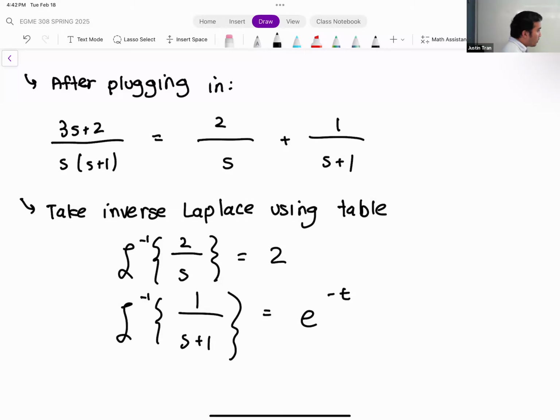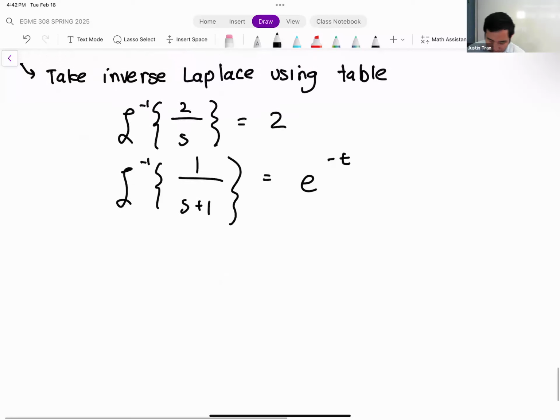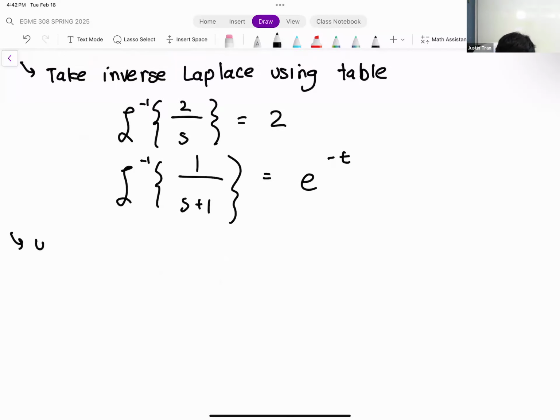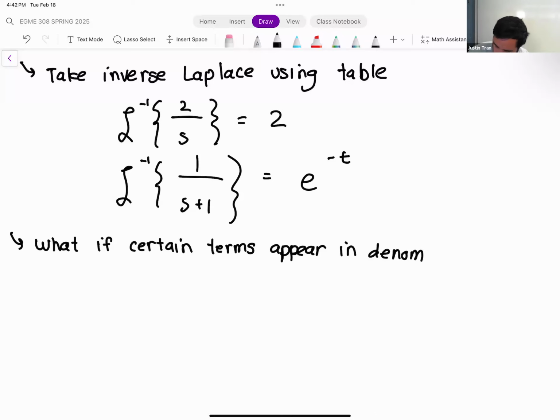But what if terms appear in your denominator more than once, or you have a higher power in your denominator? This does happen quite a bit in practice. So let's do another example.